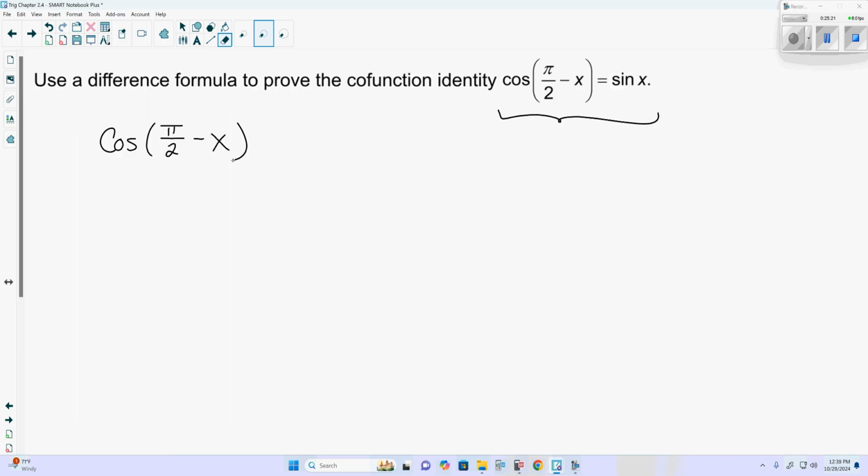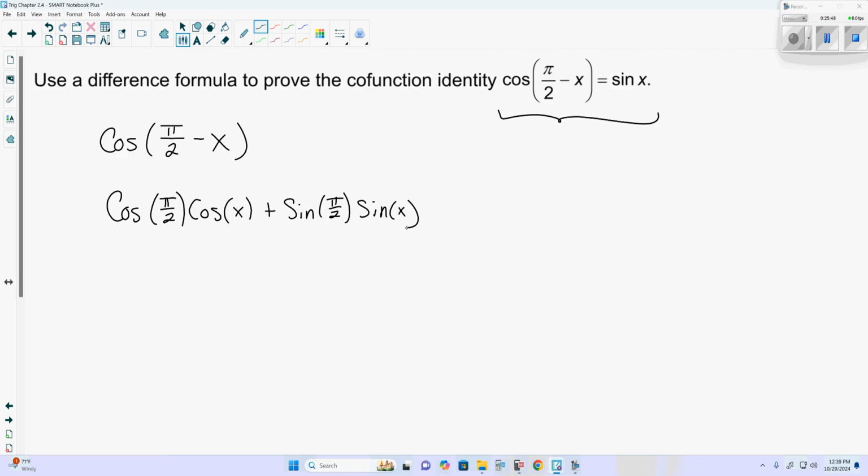So we'll start off with the left-hand side. Cosine of pi over 2 minus x. Now from here, we can use our difference property, which tells us that cosine of pi over 2 times cosine of x plus sine of pi over 2 times sine of x.